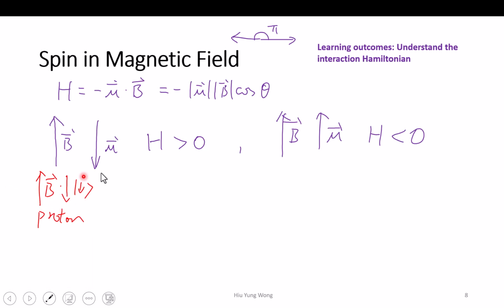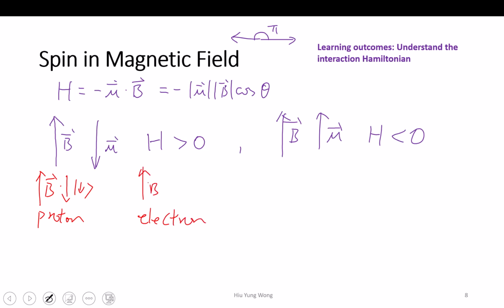Because the spin and the magnetic moment are in the same direction. This is the case for the proton. So when the spin is pointing down, then I have this case. So when the proton spin and the magnetic field are in opposite directions, you actually get higher energy for the system.